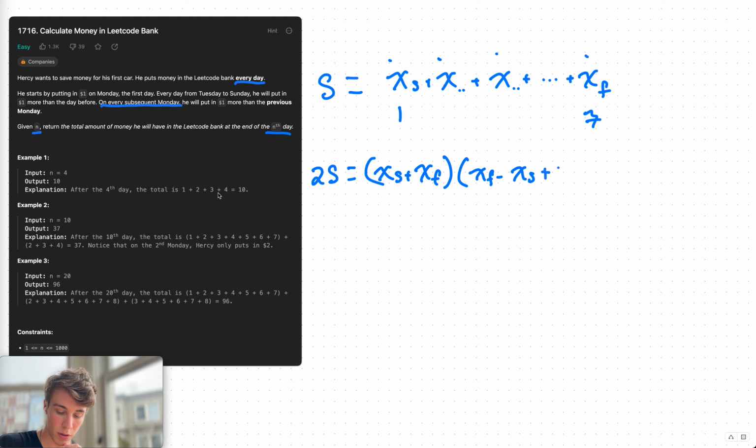Plus 1 actually, because if this is 7, 6, it appears 7 times. And then we would say that s is equal to just xs plus xf.